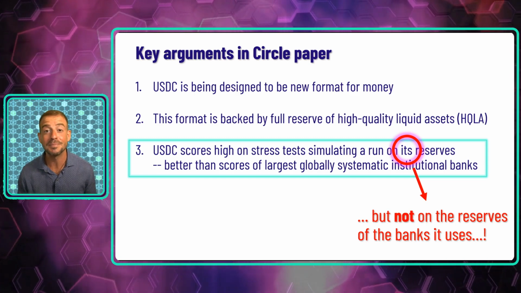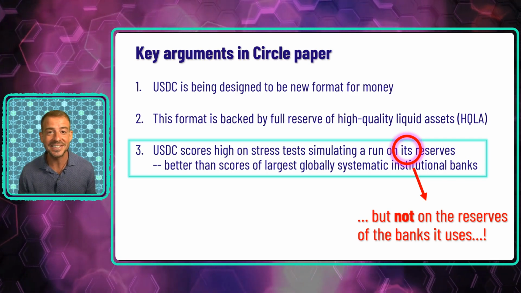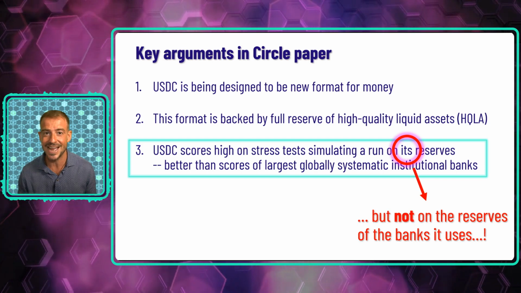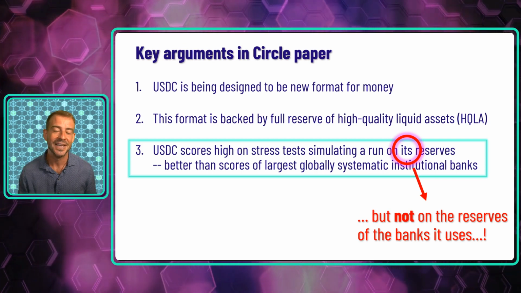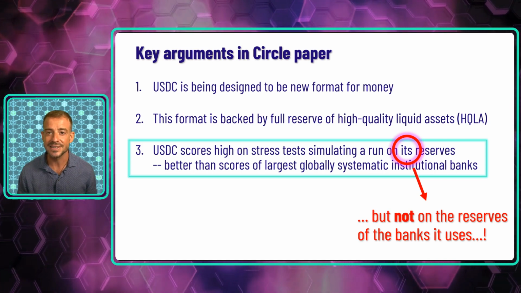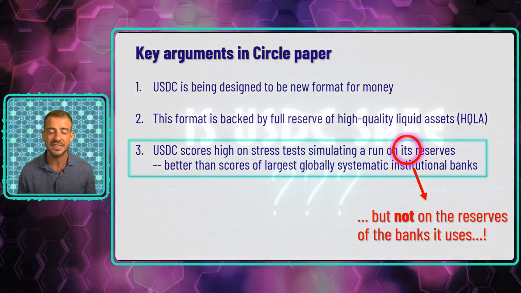So the Shakespearean twist here is that USDC became a victim of the very same banking risks that it is trying to overcome. And that, ladies and gentlemen, finally gives us all the pieces of the puzzle that we need to attack the opening question of this presentation.